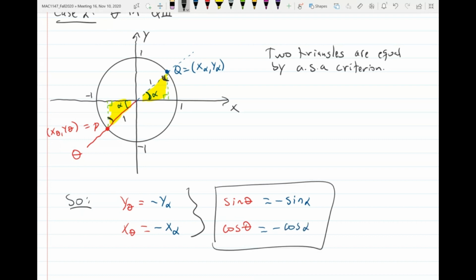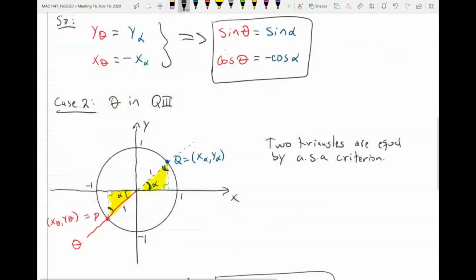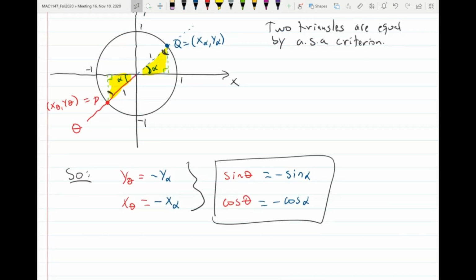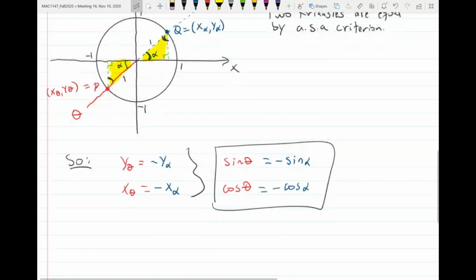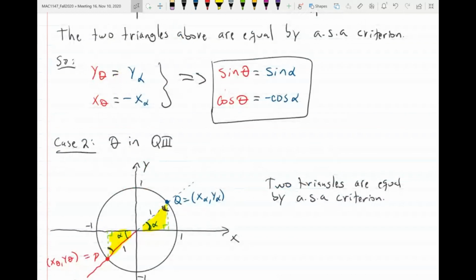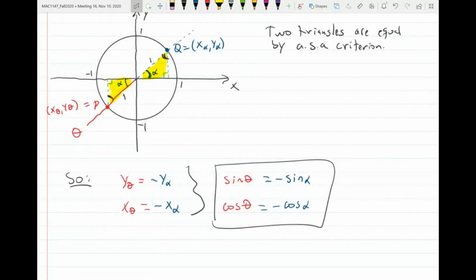Okay? So again, just like before, there is a close relationship between the sine and the cosine of the two angles. They're basically the same, it's just that sometimes they will differ by a sign. Like for example, in quadrant 2, the sines were equal, but for cosine they had opposite signs, one positive and one negative. Here, the sine of theta is minus sine of alpha, cosine of theta is minus cosine of alpha.